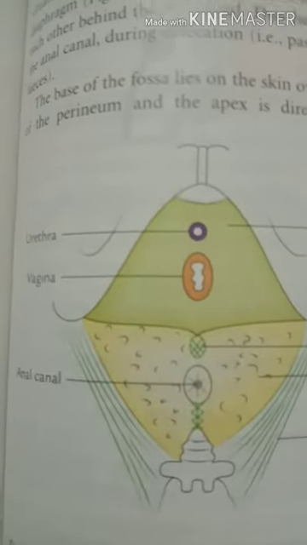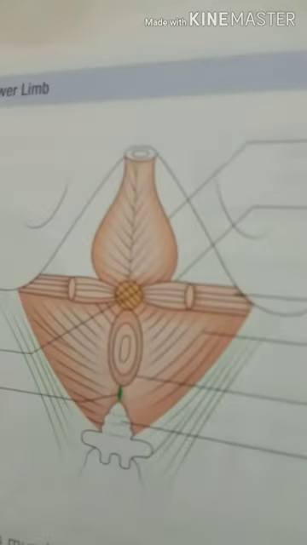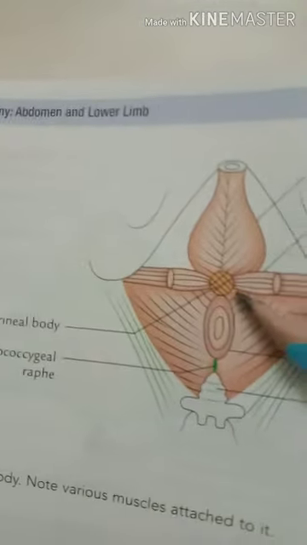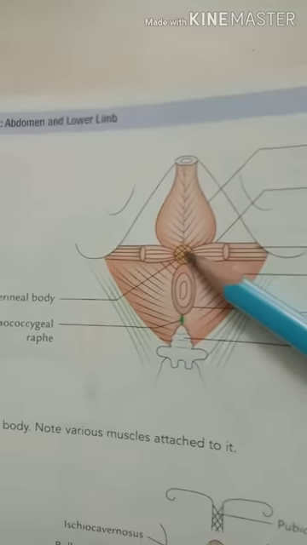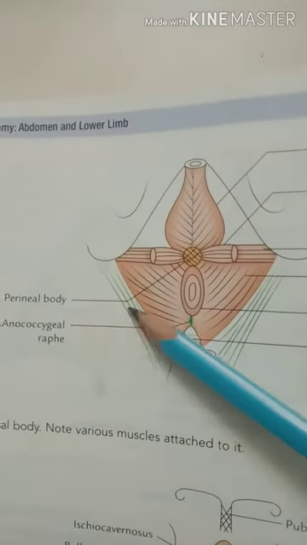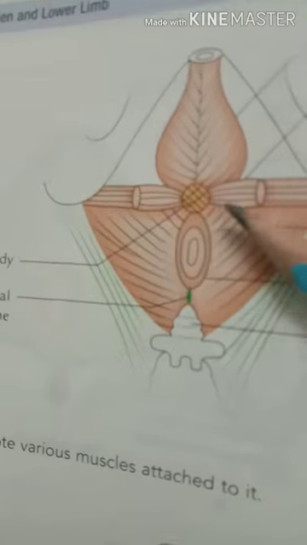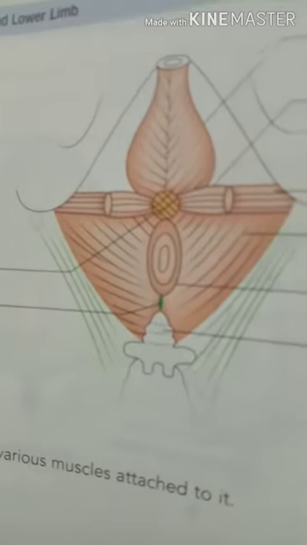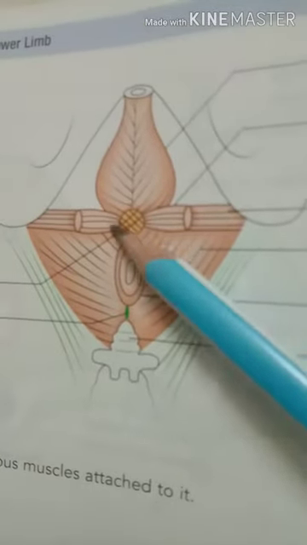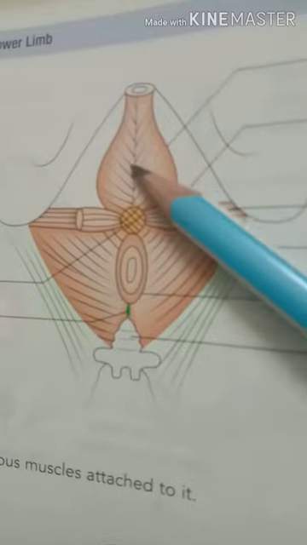Okay. Next to it is the perineal body. Here in this diagram you can see the perineal body. The perineal body is the central point of the perineum. This quadrangular structure is called the perineum, and the perineal body should be present at the center of the perineum.